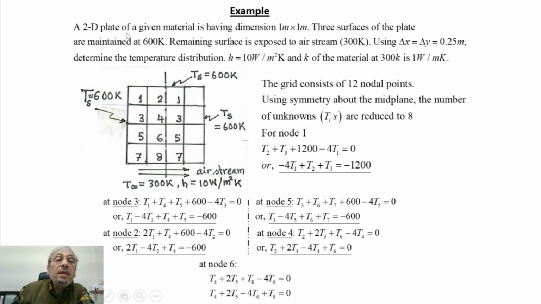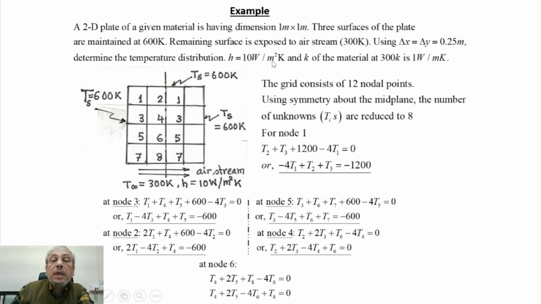A 2D plate of a given material has 1 meter by 1 meter dimensions. Three surfaces of the plate are maintained at 600 K, this surface at 600, this surface at 600, this surface at 600 K. The remaining surface is exposed to an airstream at 300 K. Using delta x equal to delta y equal to 0.25 meter, determine the internal temperature distribution.